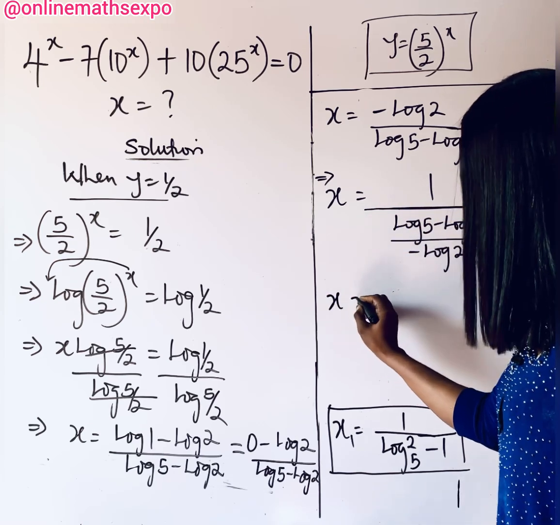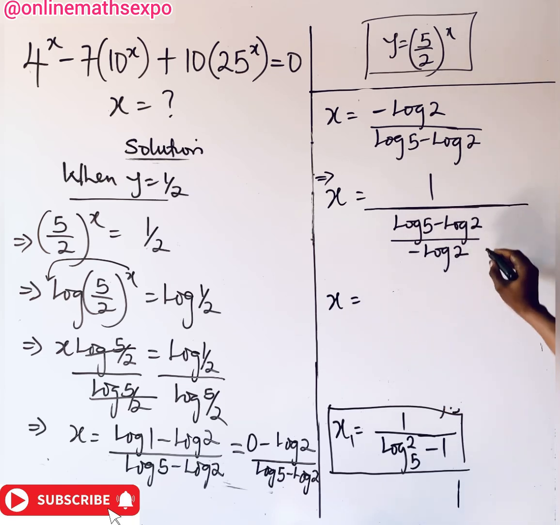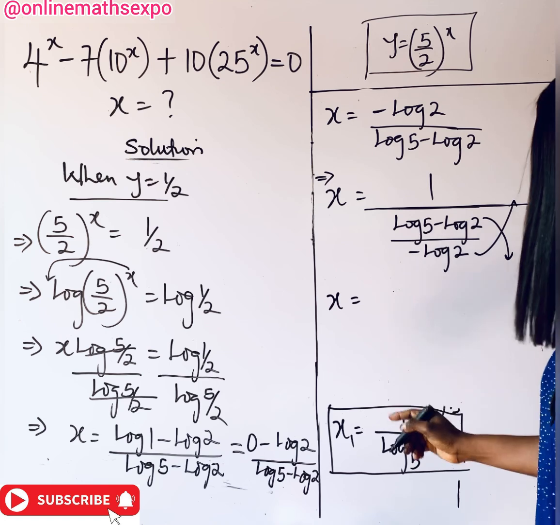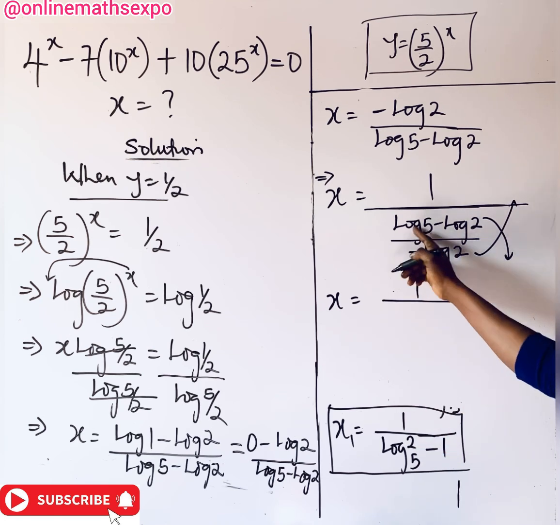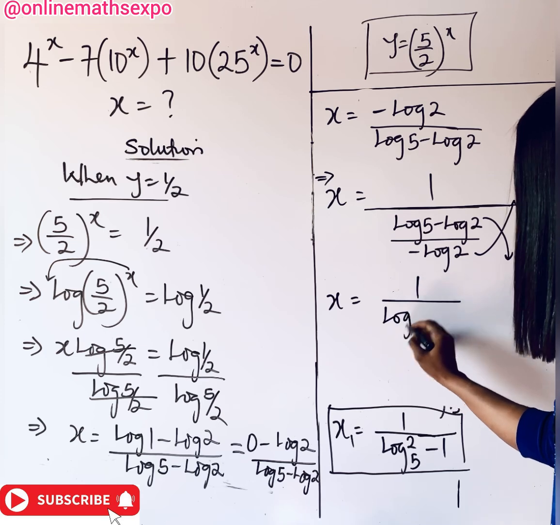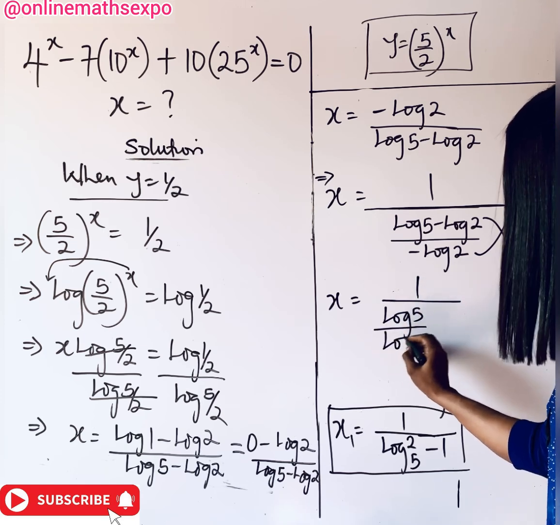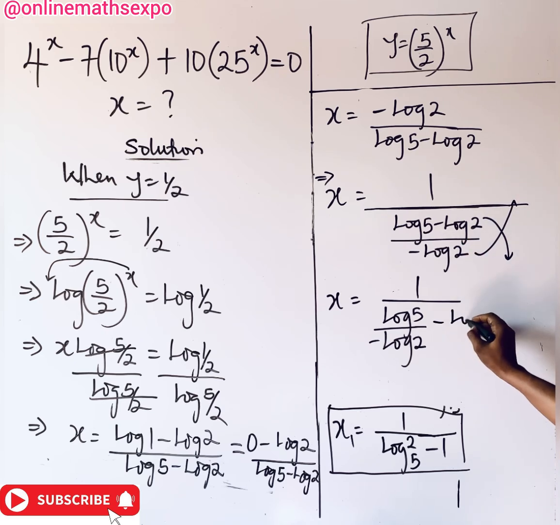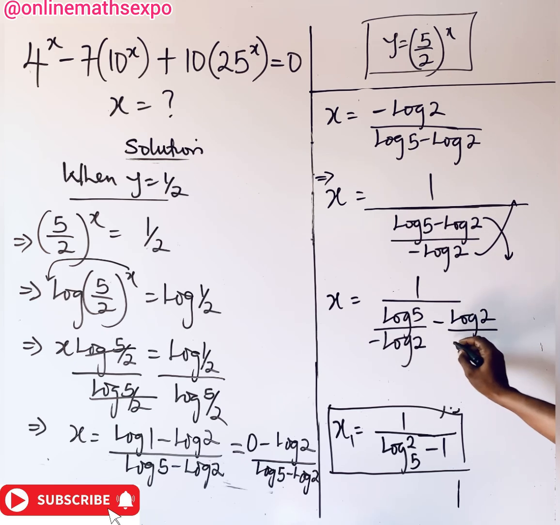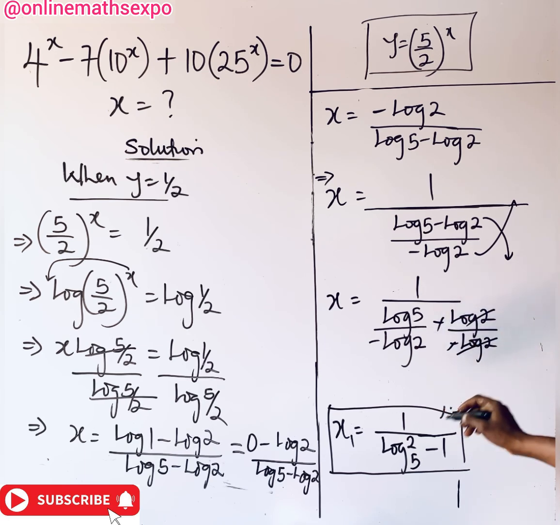So if you switch this, you return to this. This gives us 1 over, and you can now use this to divide each term. So we have log of 5 all over negative of log 2, then minus log of 2 divided by negative of log 2. You can now cancel this. When a number divides itself, it is 1.